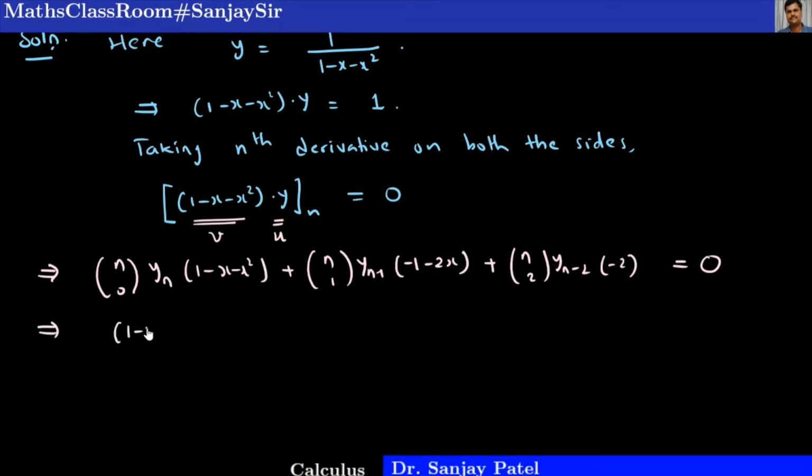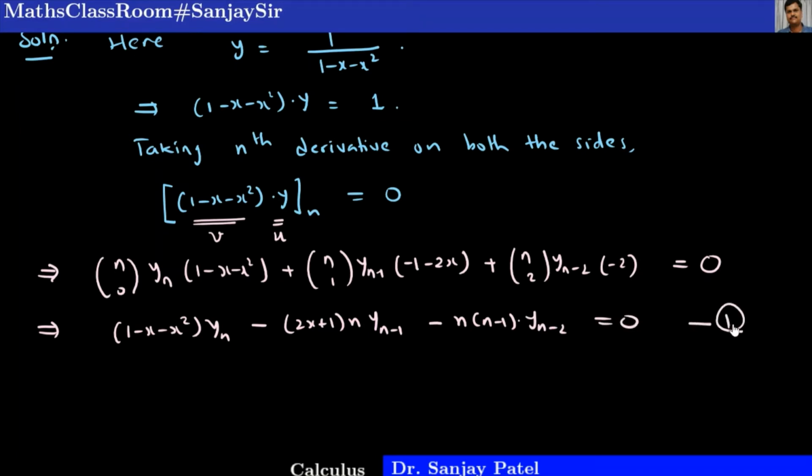So we will get 1 minus x square into yn, and this we can write as minus nC1 is n, so 2x plus 1 into n into yn minus 1, plus nC2 is n into n minus 1 by 2 factorial, and that 2 will be cancelled with this 2, and let us write the minus sign here, this minus 2, this minus sign I am writing first. So it is n into n minus 1 into yn minus 2 is equal to 0. Let us call this result number 1.